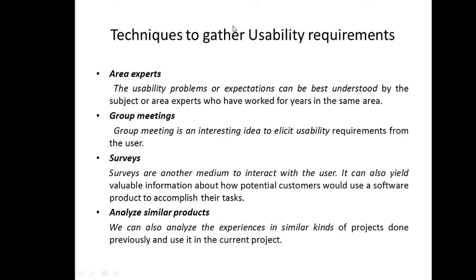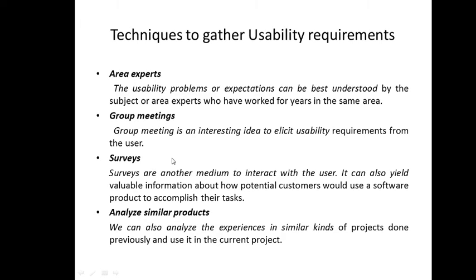Now, how can you gather the usability requirements? How do you know what the user expects? What features should be present in the page you are developing so that users can interact with it well and give a positive response, right? You can get the information from the area experts who are working on similar types of projects and have experience. You can conduct a group meeting among the users to get their requirements.